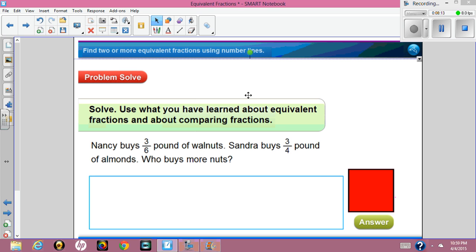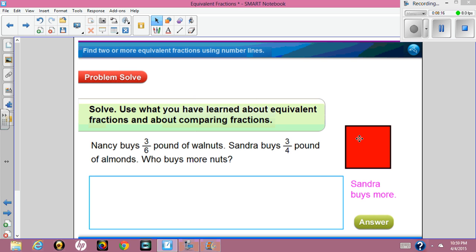If you think about this, you will know that 3/4 is greater than 3/6, which is equal to half, and 3/4 is greater than half. So Sandra buys more nuts.